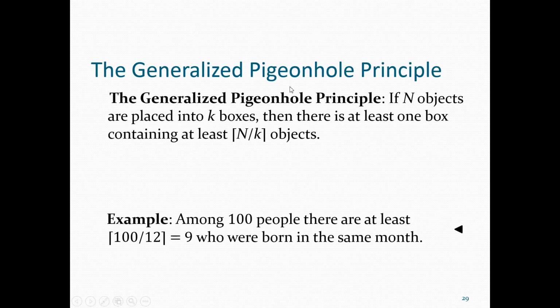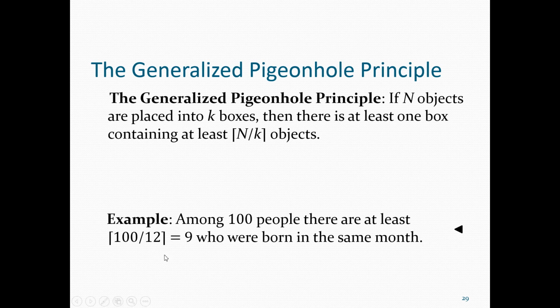The generalized pigeonhole principle: if n objects are placed into k boxes, then there is at least one box containing at least ceiling function of n over k objects, right? For example, among 100 people, there are at least ceiling function of 100 over 12, that is 9, who were born in the same month, because we have 12 months.